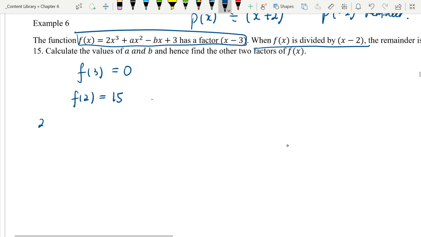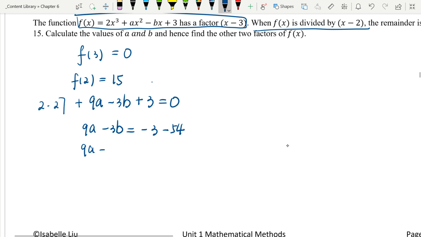f(3). f(3) is 2 times 3 cubed. 3 cubed is 27, plus 3 squared is 9a, minus 3b, plus 3 equals 0. And then 9a minus 3b equals minus 3 minus 54, and then 9a minus 3b equals minus 57.